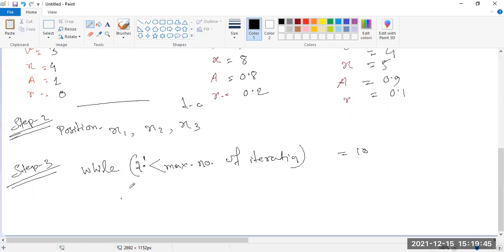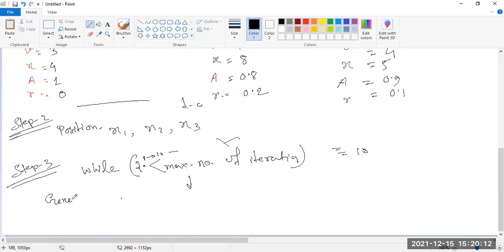If you go for the first iteration, it is less than 10, so yes, we continue this way. But whenever it reaches 10, 10 is not less than this, then we have to stop. The iteration is 1. Now this condition is true.